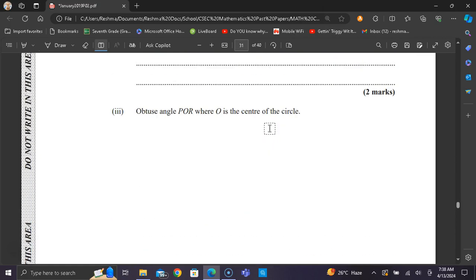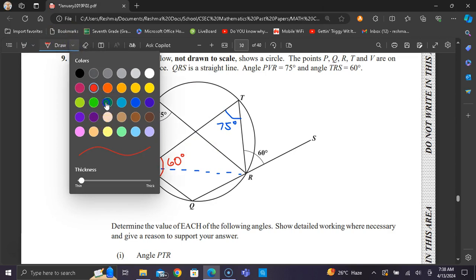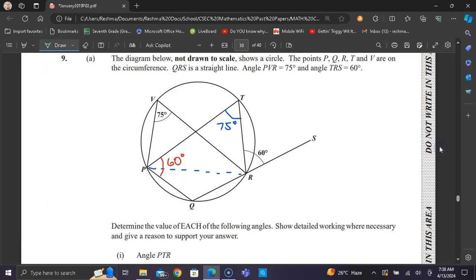The last angle we need to find, also for 2 marks, is obtuse angle POR, where O is the center of the circle. Let's go back up. Notice they did not put in the center of the circle, so we have to insert that point for ourselves because we are required to find angle POR.